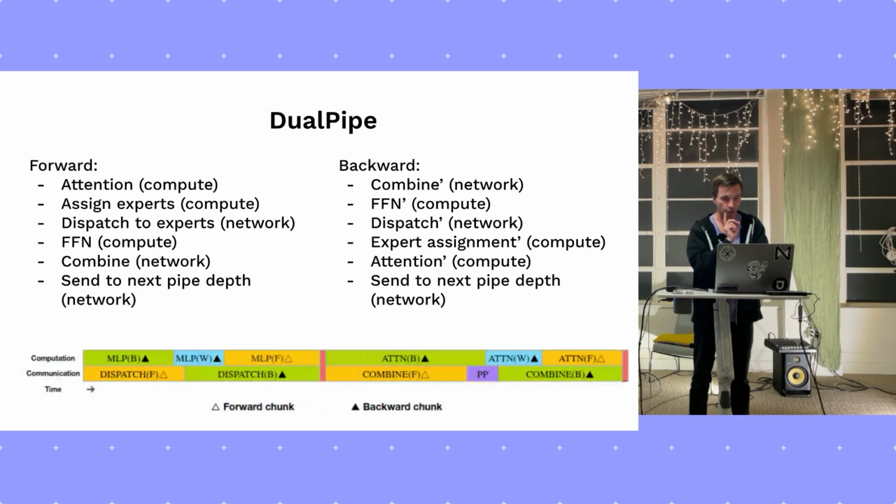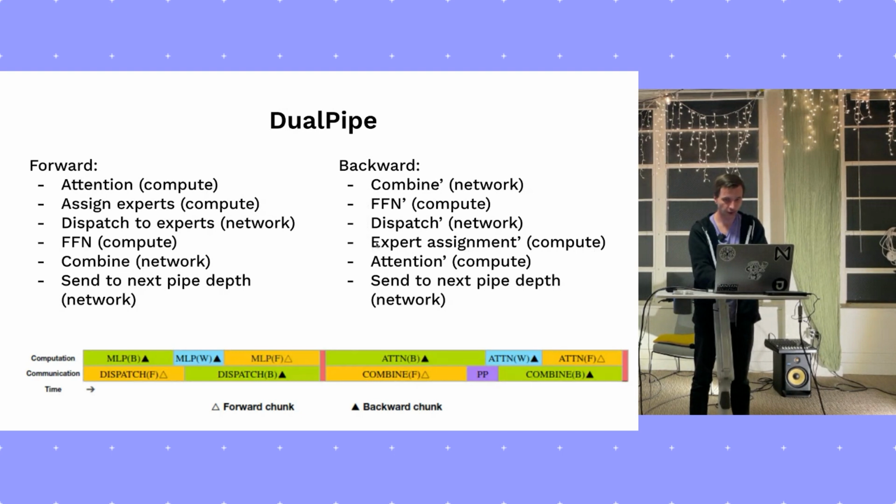A couple of things to notice here. One is that they're not aligned. For the green one, it begins here, right? It begins with the FFN, MLP, then dispatch.